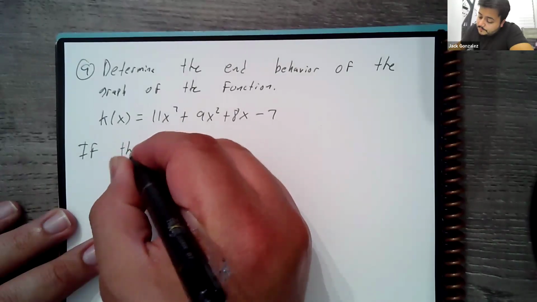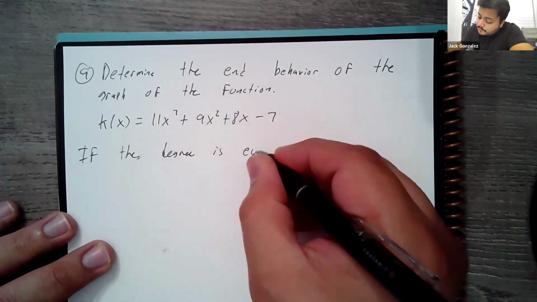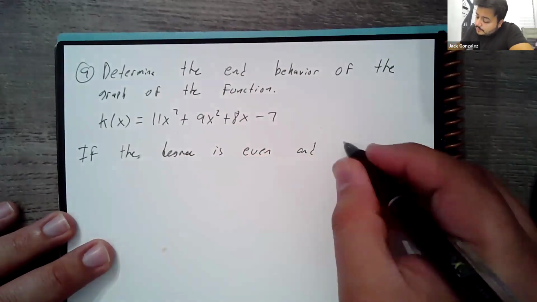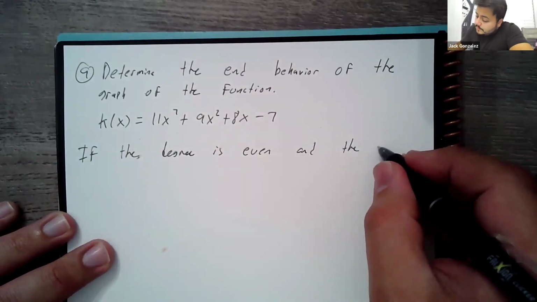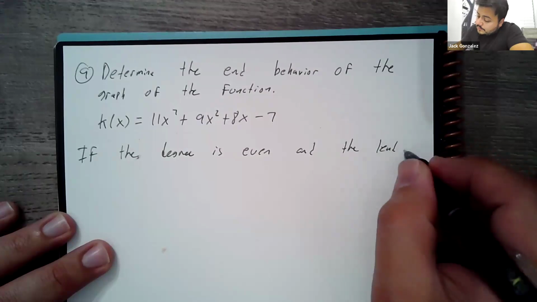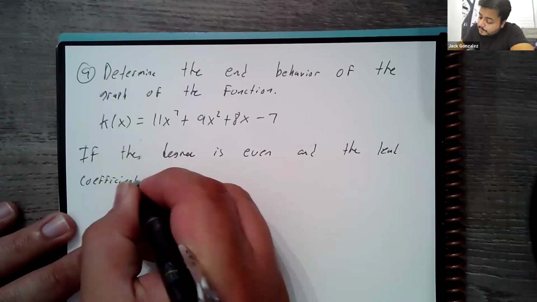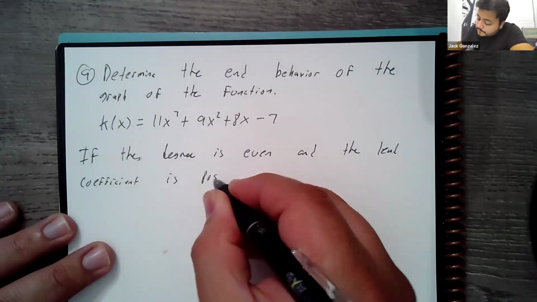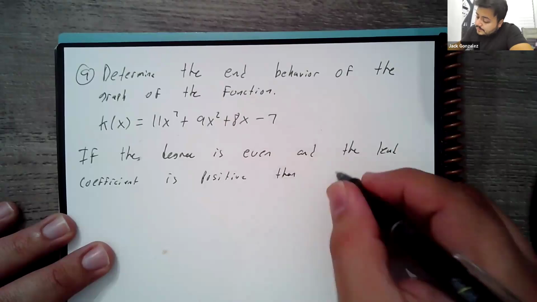If the degree is even and the lead coefficient is positive, then we have this end behavior.